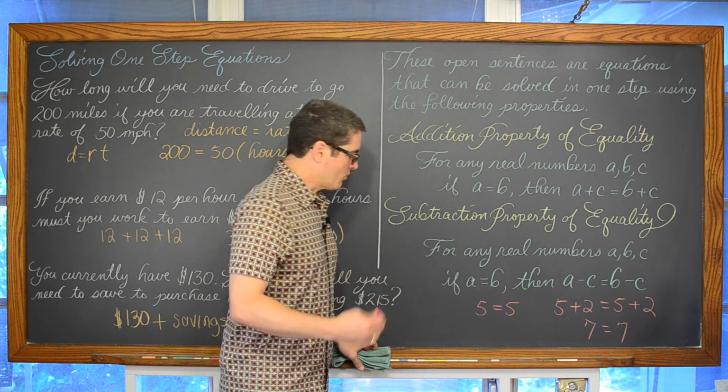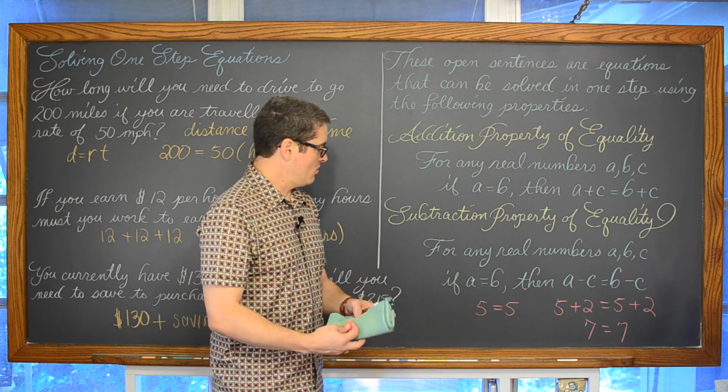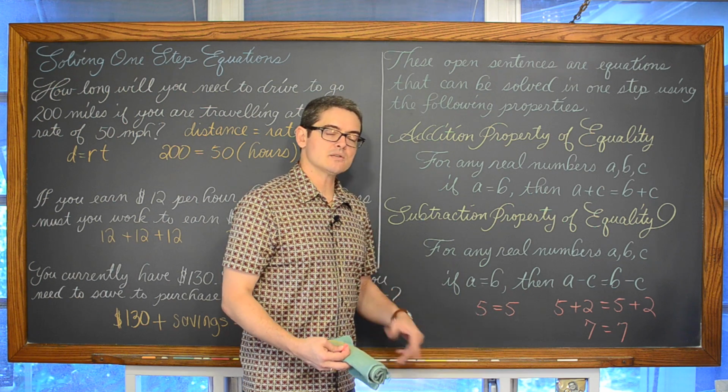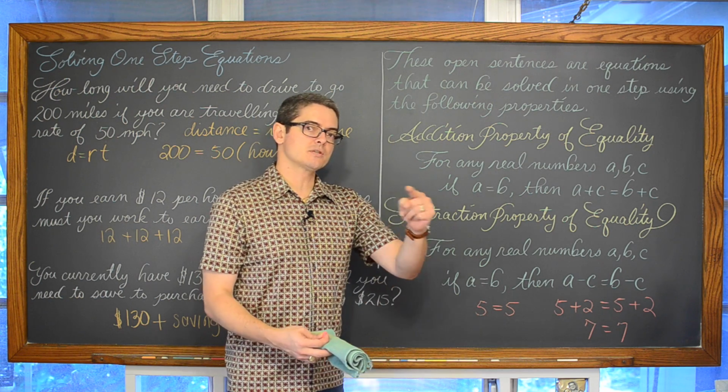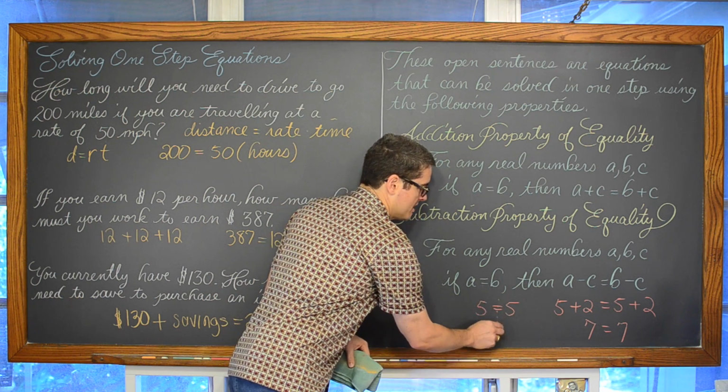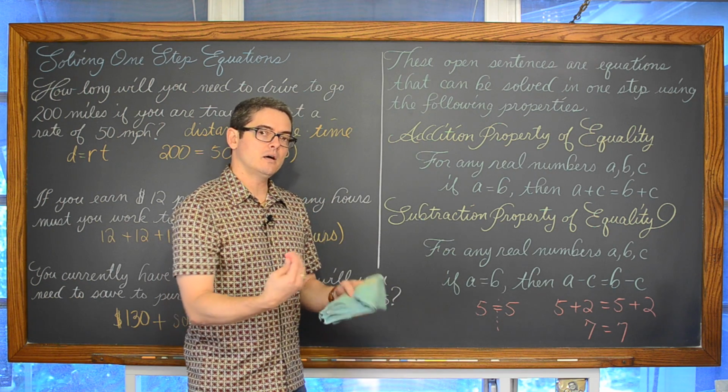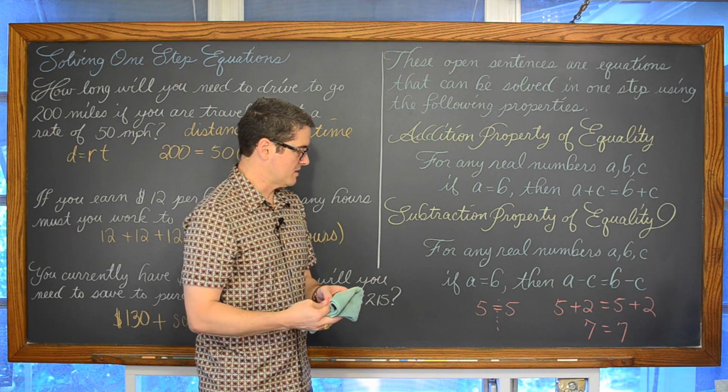Now, really, you can just about do anything you want to an equation as long as you do it once to each side. The equal sign is what breaks apart, or separates, the left and right-hand side.